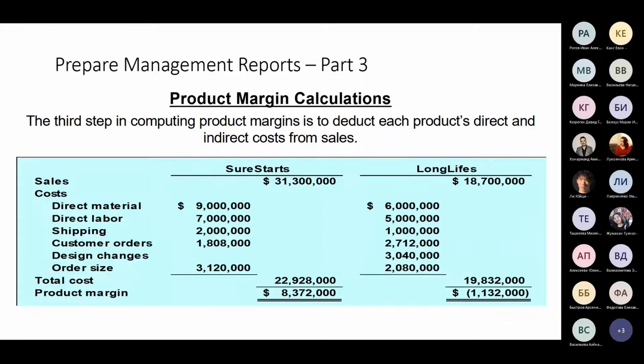But the product margin is a very important indicator that allows us to understand the result of the pure production process, disregarding other expenses that are not directly related to the production system.